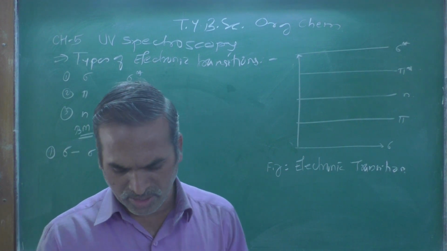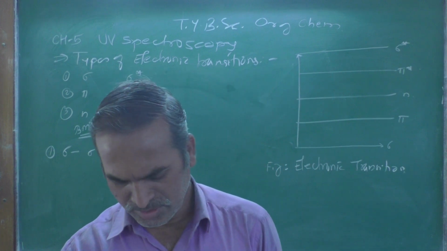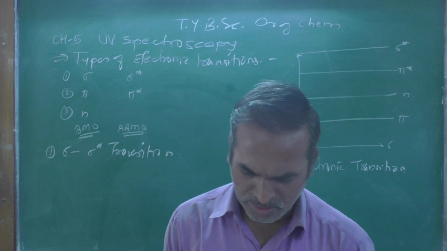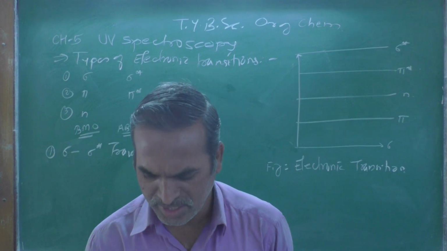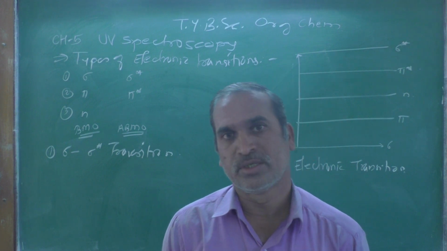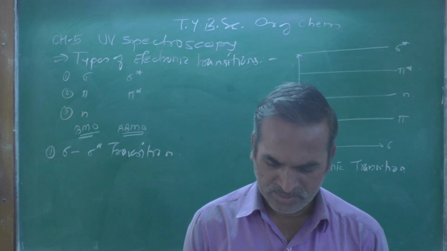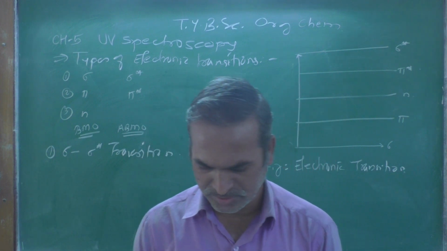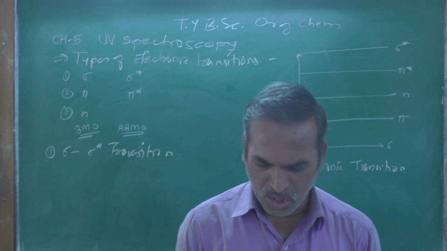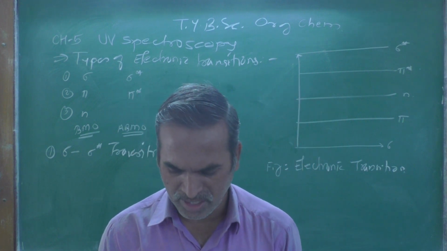Now what type of organic molecule shows this transition? Let's see here. As we know, the absorption of electromagnetic radiation by organic molecules in the UV and visible region involves promotion of electrons, sigma, pi, n, from the ground state to the higher energy states, sigma star and pi star.